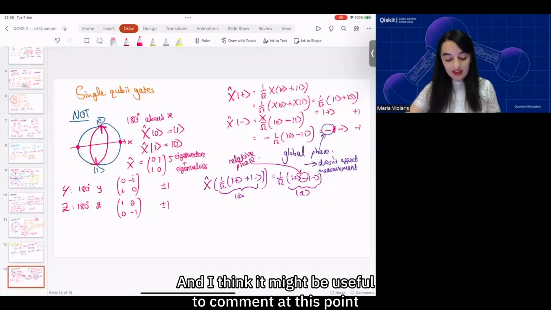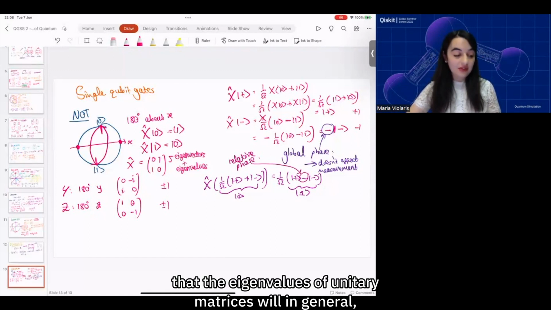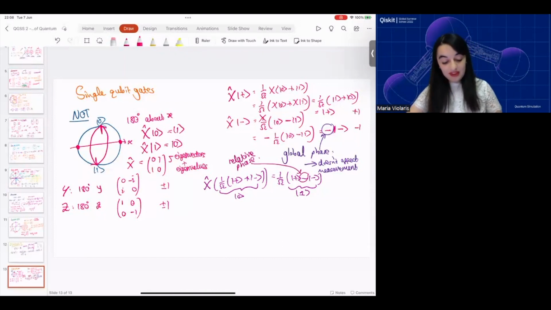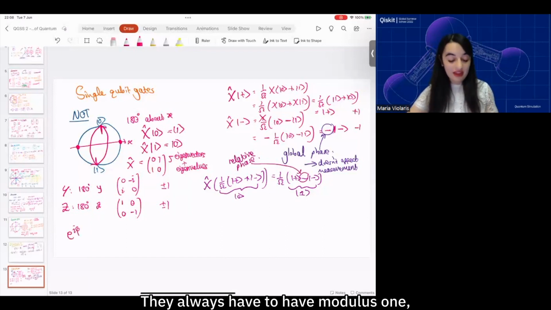I think it might be useful to comment at this point that the eigenvalues of unitary matrices can, in general, be written in the form e to the i phi. They always have to have modulus 1.